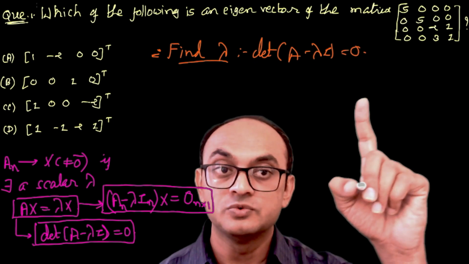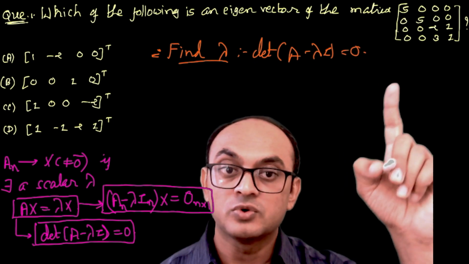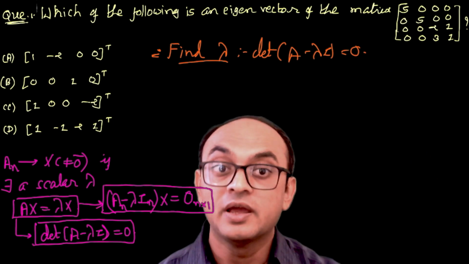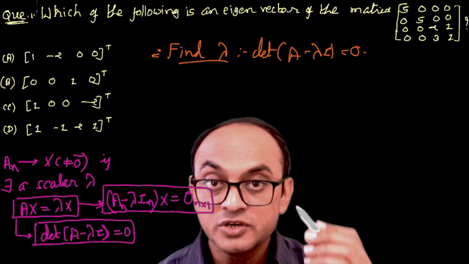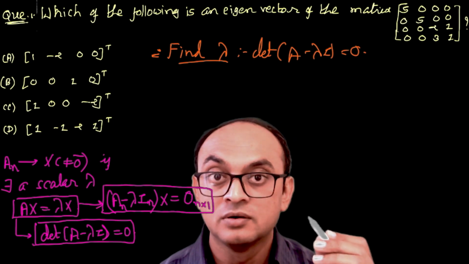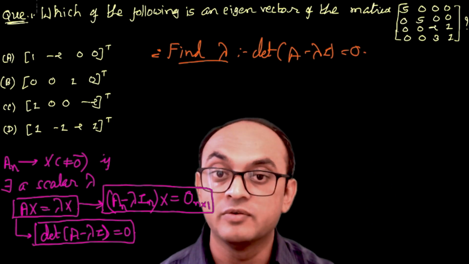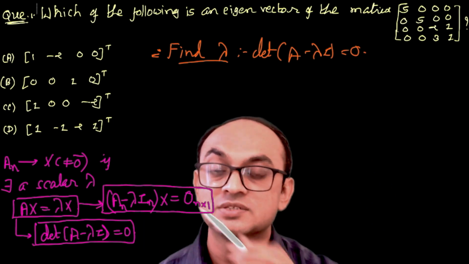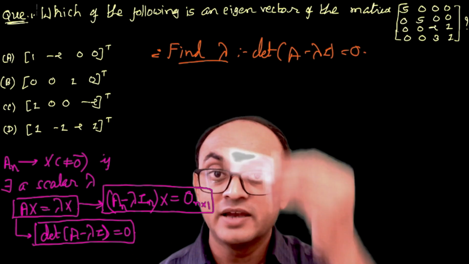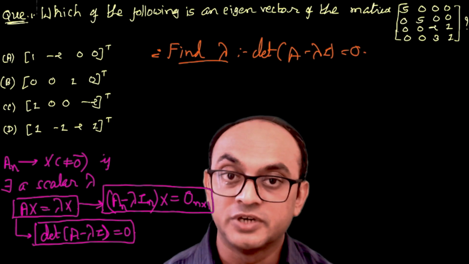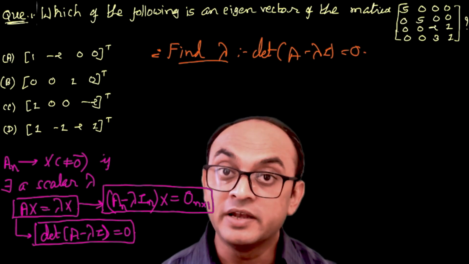That means you need to solve this 4 cross 4 matrix determinant, compare with 0, and find lambda. We have a total of 4 eigenvalues, and corresponding to each eigenvalue, using these two equations, find x and check which x matches, then select the correct option. But it takes more time.